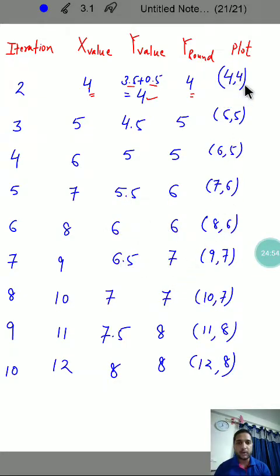So ये हमने फाइनल प्लॉटिंग वैल्यूज़ लिखी हैं कि 4,4; 5,5; 6,5; 7. तो अब देखिए हमेशा x में तो इंक्रीमेंट हो रहा है 4 5 6 7 8 9 10, यूनिट इंक्रीमेंट है x में हर बार, but y में क्या करना पड़ रहा है, राउंड ऑफ करना पड़ रहा है.